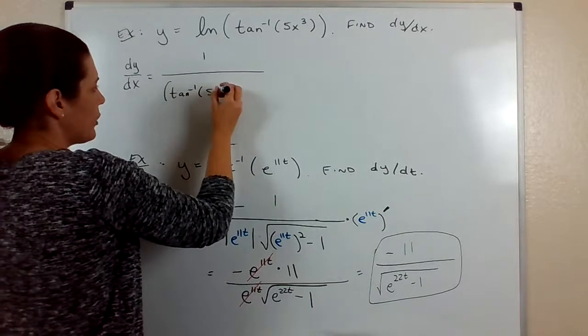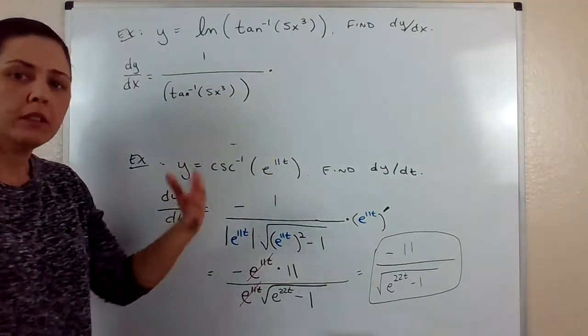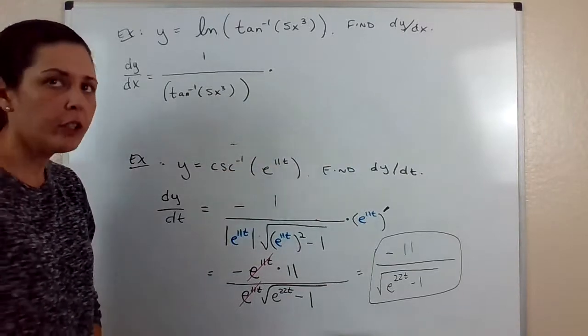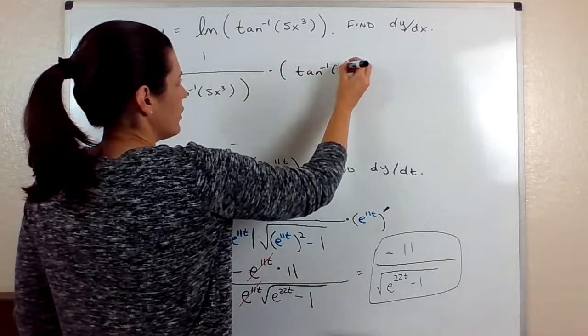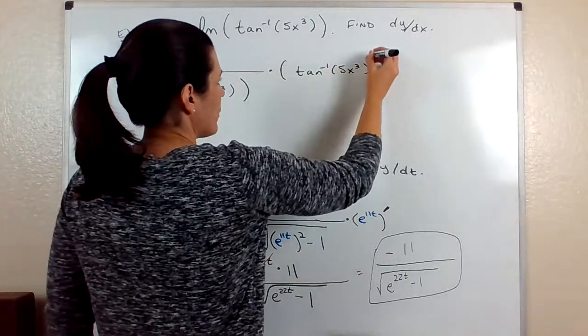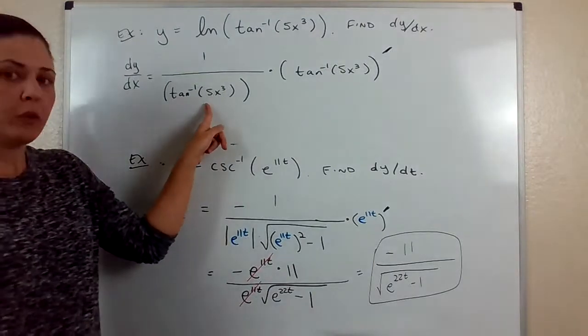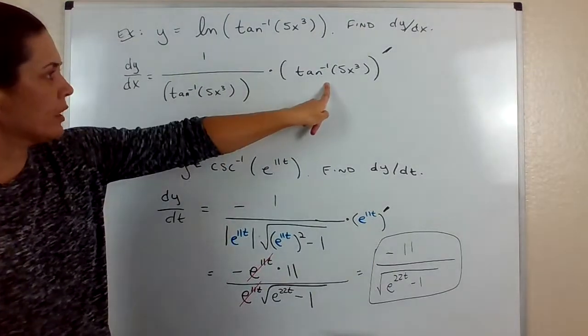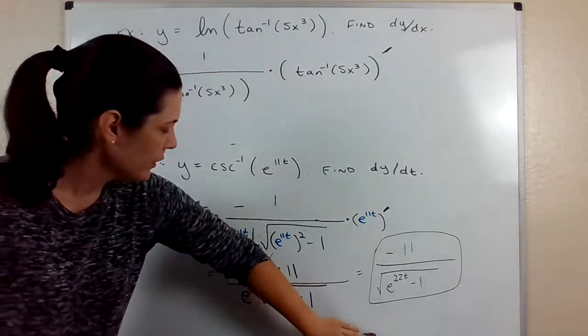So I'm keeping its argument. And then chain rule says times the derivative of the argument. So times tangent inverse of 5x cubed, prime. This part here was from the derivative of natural log. This part is from the chain rule because there was a whole lot going on inside of natural log here.